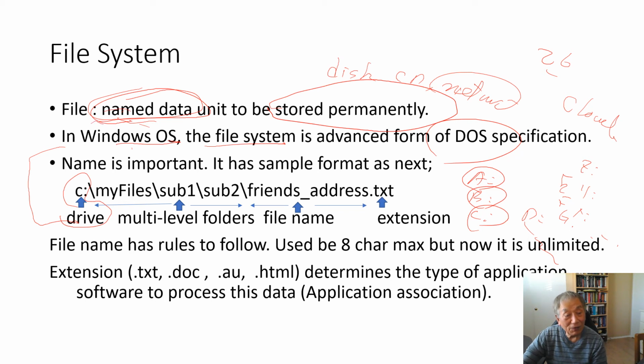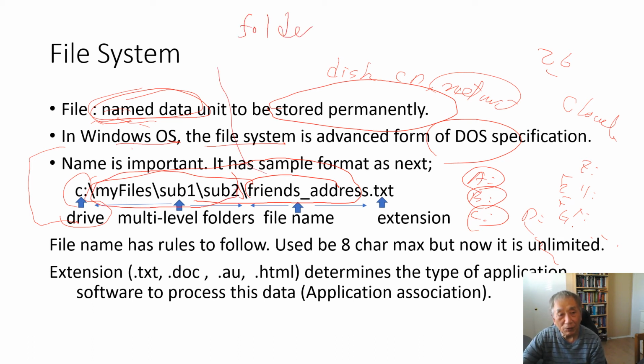Then there's the file name. First of all, this part is the file name, and this group is a directory, also called a folder, which is a collection of data.